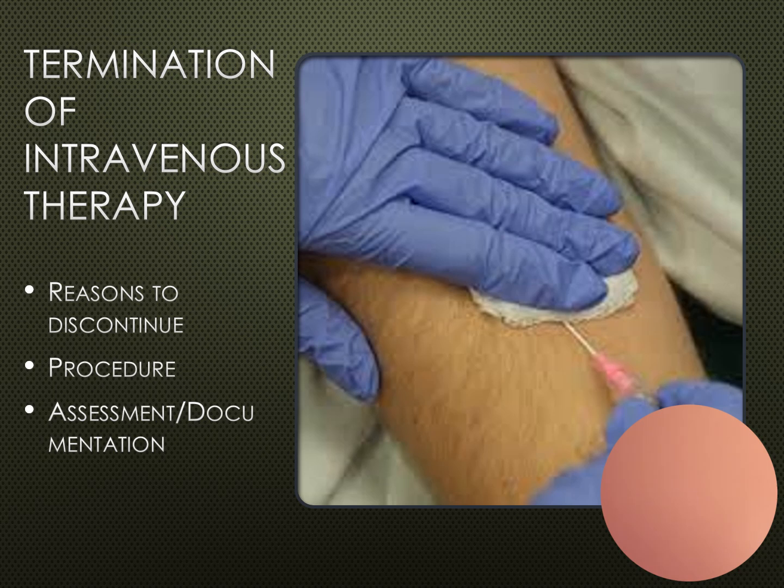Then we are going to place a sterile cotton ball or 2x2 over the insertion site, place light pressure, slowly remove the catheter parallel to the skin, then hold pressure on the site.